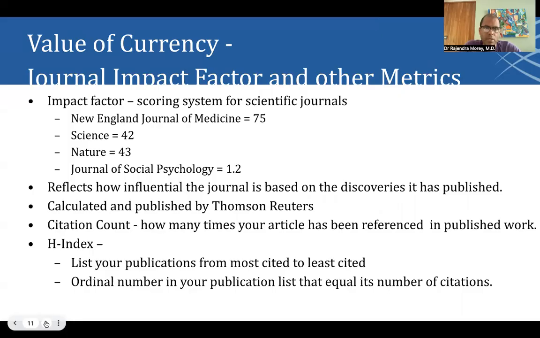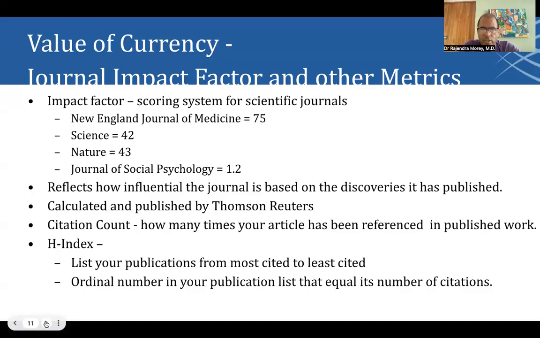There's other really impactful journals, Science and Nature, and on the other end of the spectrum is a journal like the Journal of Social Psychology. It reflects how influential the journal is based on the discoveries and also the citation count, which is how many times articles in that journal have been referenced or cited, I should say, in future work, in work that's published since the time your paper was published.